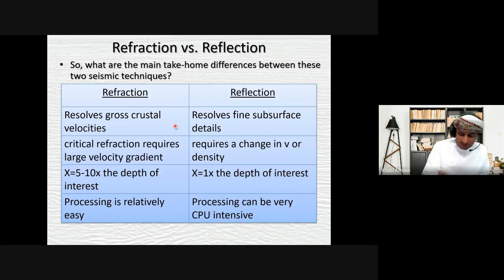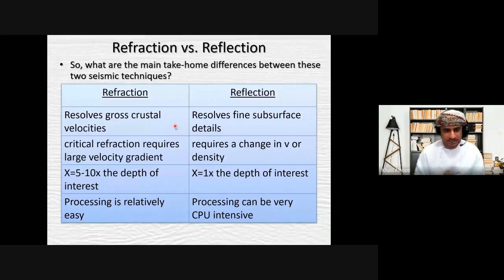This is easy software. I cannot get reflection processing software for you because those are really expensive. They are not free, and they need high computing power. Your normal PCs and laptops might not be capable of seismic reflection processing.